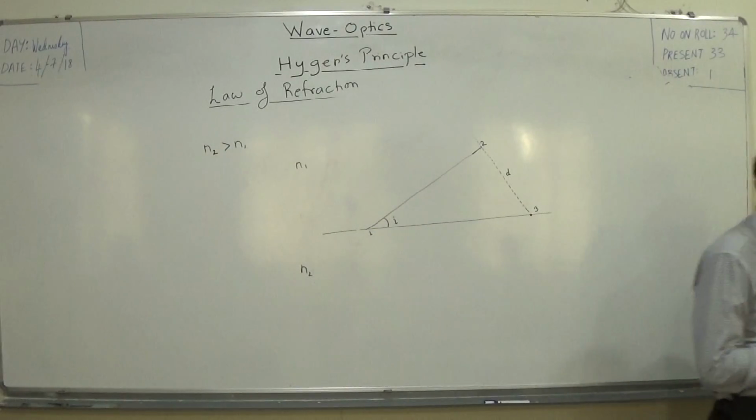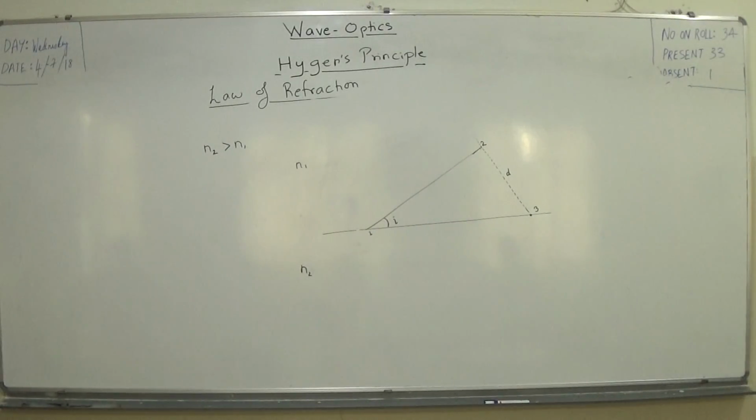Can you try to do this? The speed in the second medium will, of course, be less, right? And you can assume V1 is the velocity in medium 1. What will be the velocity in the second medium?